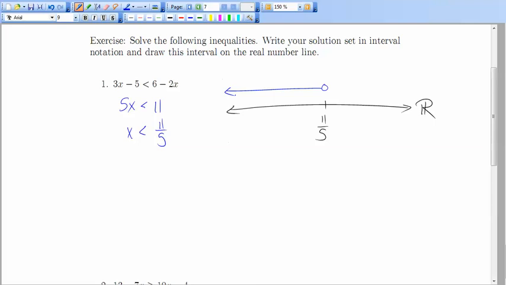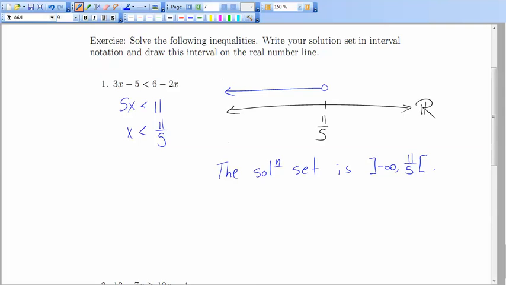Of course, once we can draw the picture on the real number line, we can also give the interval notation. And so this is a nice, concise way of giving the solution set. So the solution set for our inequality is all real numbers less than 11/5. So we'd write that like this. We're going to exclude negative infinity because we always do. It's not a number, so it's never included.